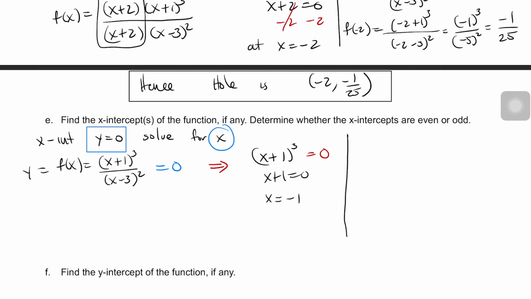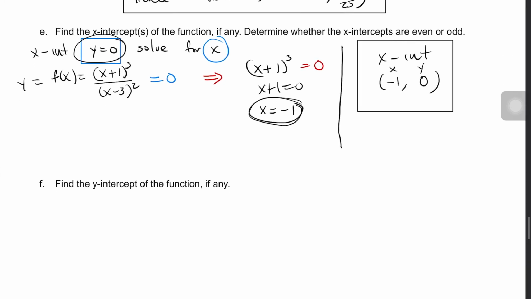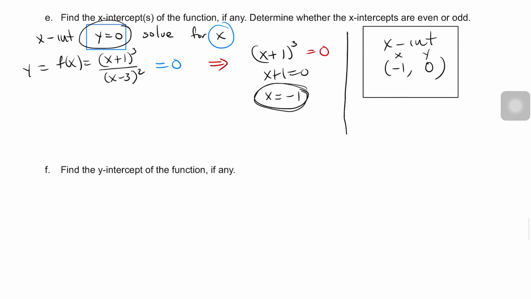So the x-intercept is going to be x equals negative 1, y equals 0.